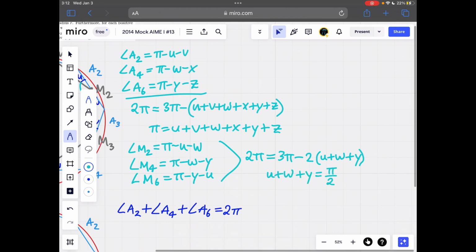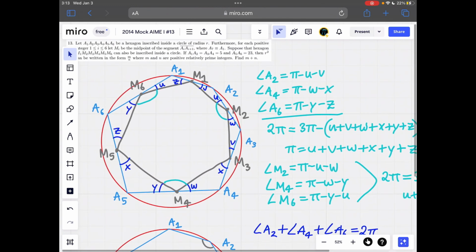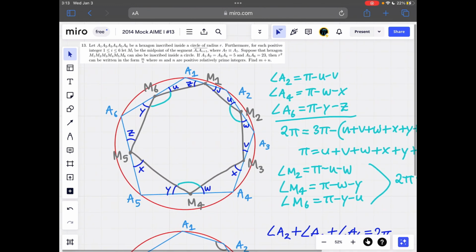Now, if pi was equal to u plus v plus w plus x plus y plus z, then pi over 2 is equal to both u plus w plus y and v plus x plus z. So we found that both angles u plus w plus y and v plus x plus z sum to pi over 2. Now, how can we connect that with the other info that's given in the problem?